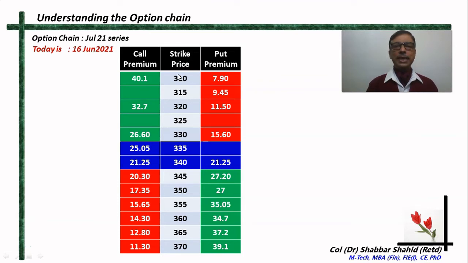But I have not selected the June series because it is expiring in a couple of days. Therefore, for a holistic picture, I have selected the July series. Today is 16th June and this option chain is expiring on 29th July 2021. So the number of days to expiry from today is 43 days.